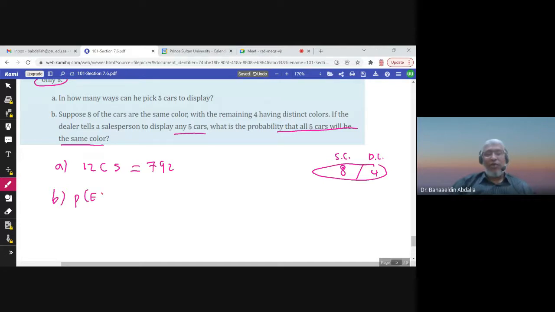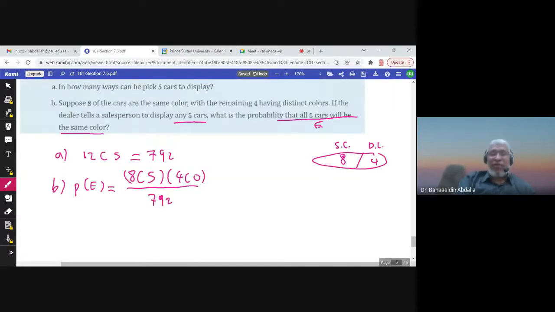So probability of E, where E means all 5 will have the same color, is now 792 is the sample space, the number of elements in the sample space, selecting 5 of 12. But now we need a specific event. We need all 5 from the same color. So we need to select 5 from the 8. And from the 4, we select 0. So this would give you the probability, and this is the end of the section.